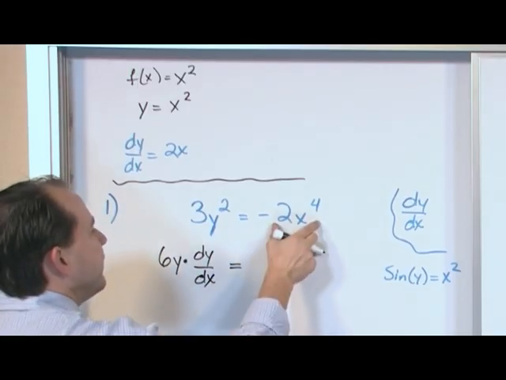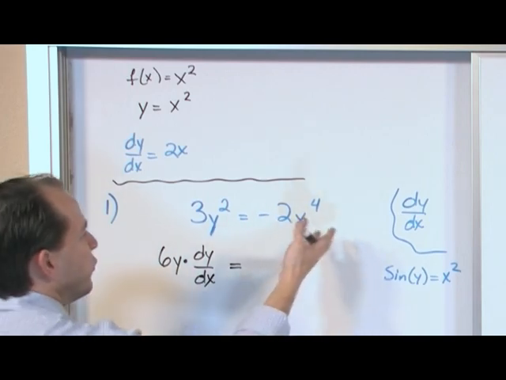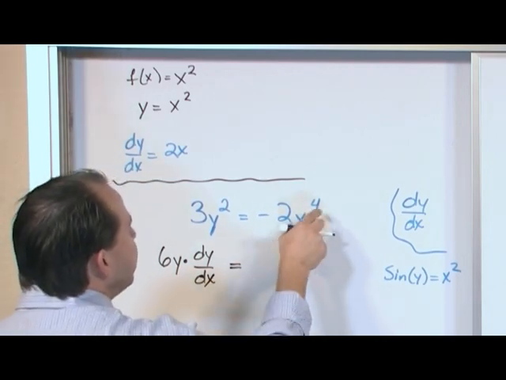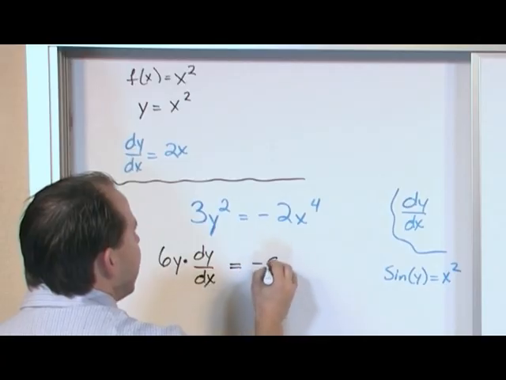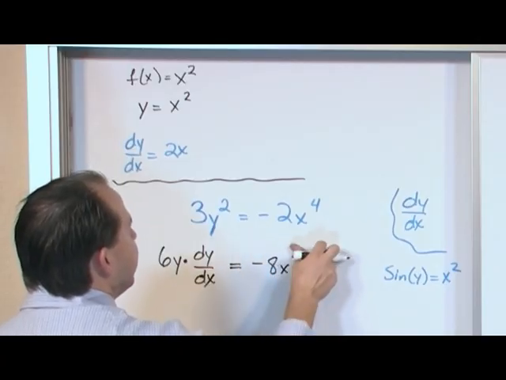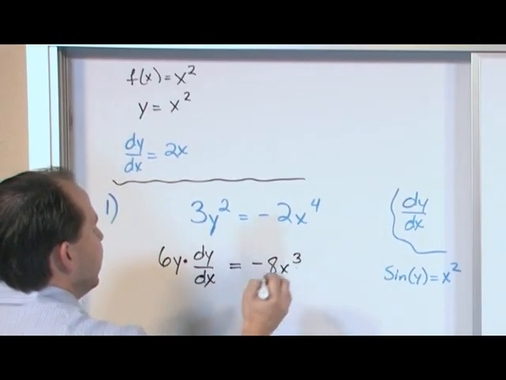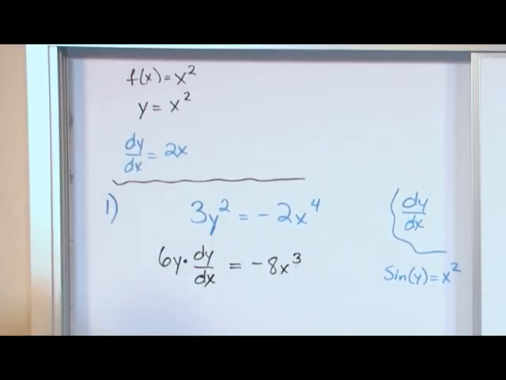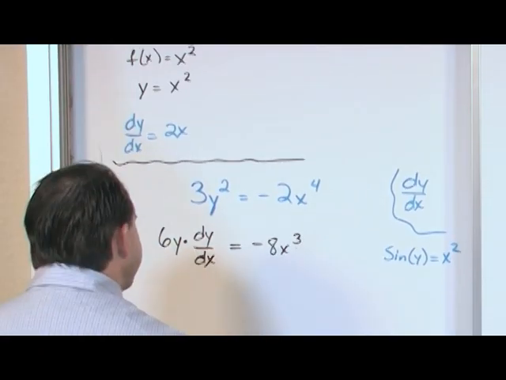On the right-hand side, this is what you've been seeing all along. So you just take derivatives of this just like you always have. 2 times 4 is 8. You've got a negative. Negative 8x to the fifth power. Whoops, to the third power, because we subtract 1 off of the exponent. So what we're seeking to find is dy dx. So we divide both sides by 6y.